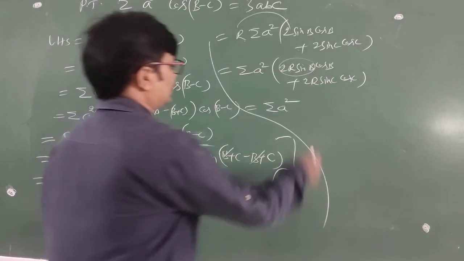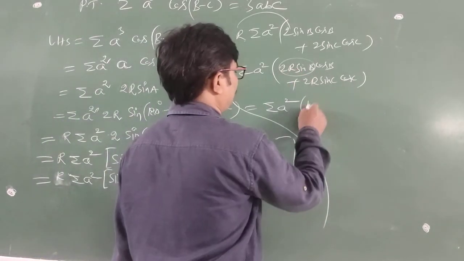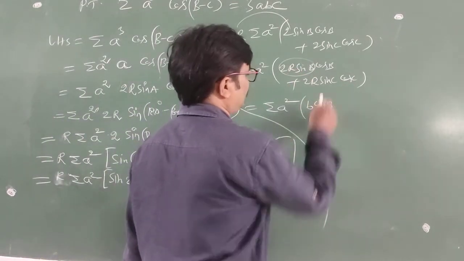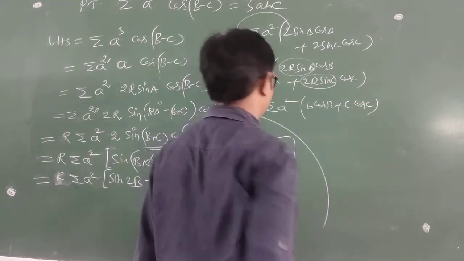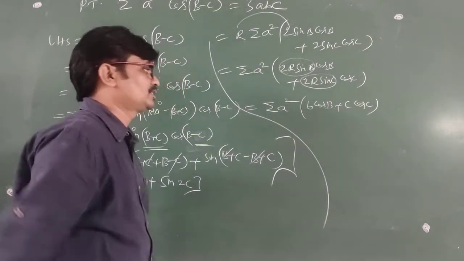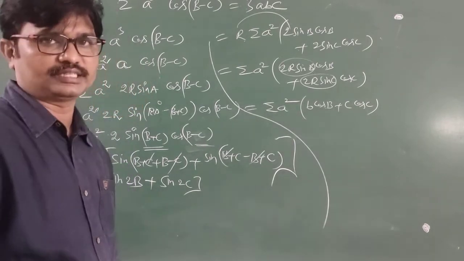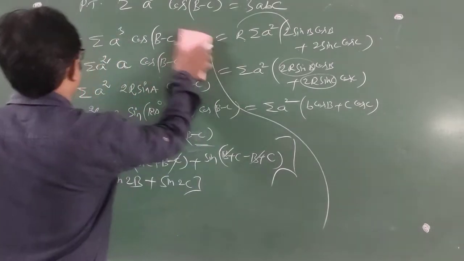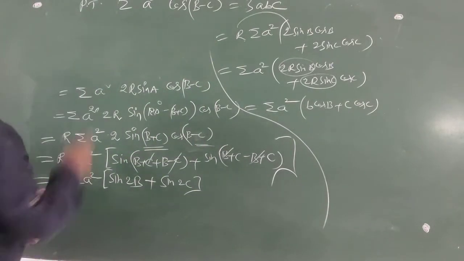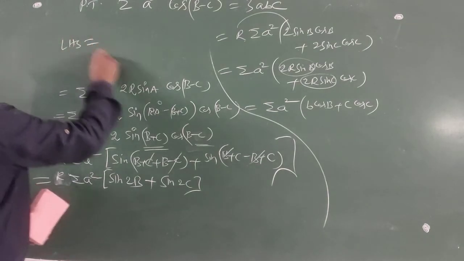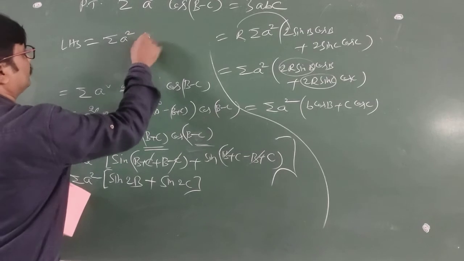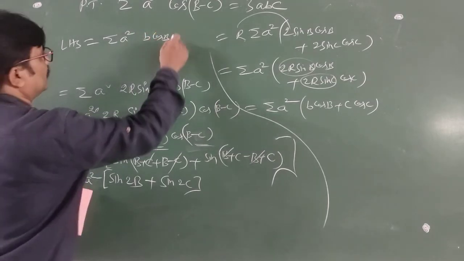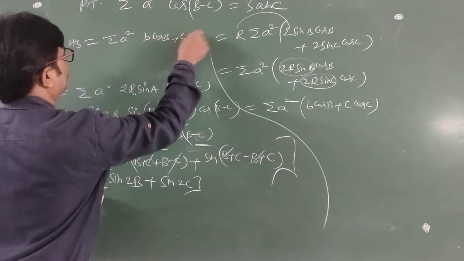So we can take 2R sin B as small b, cos B, and 2R sin C as small c, cos C. Now we got sigma a square into b cos B plus c cos C.